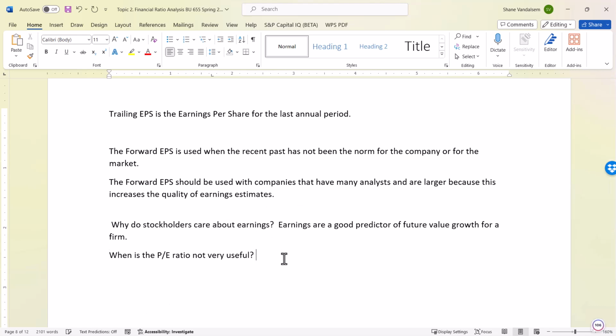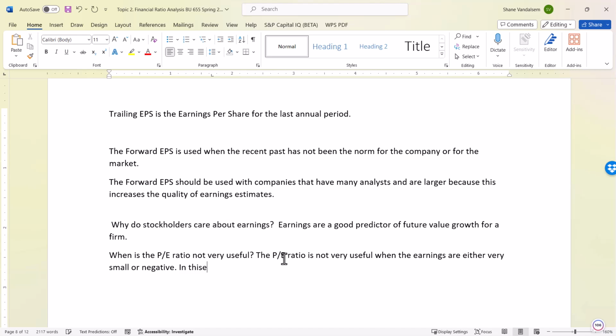The PE ratio is not very useful when the earnings number is either very small or negative.